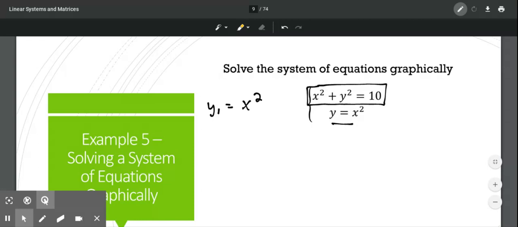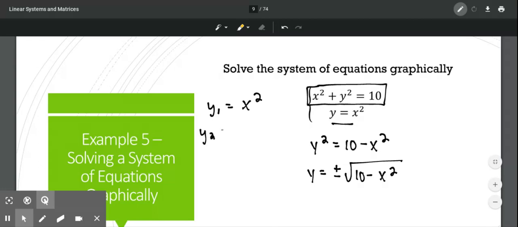So if we start solving for y, we could say y squared equals 10 minus x squared. And then remember, when you take the square root of both sides, you need a plus or a minus square root. So what happens then is when you graph this, in your y2, you're going to plug in the square root of 10 minus x squared.